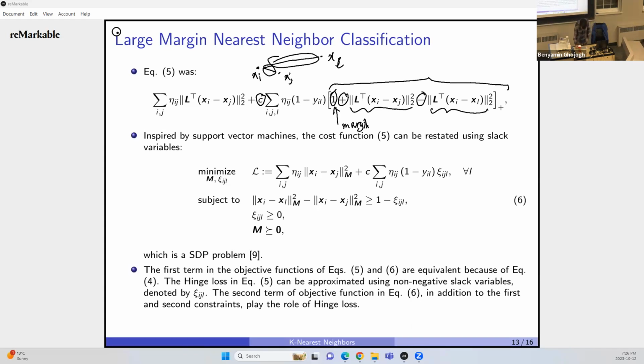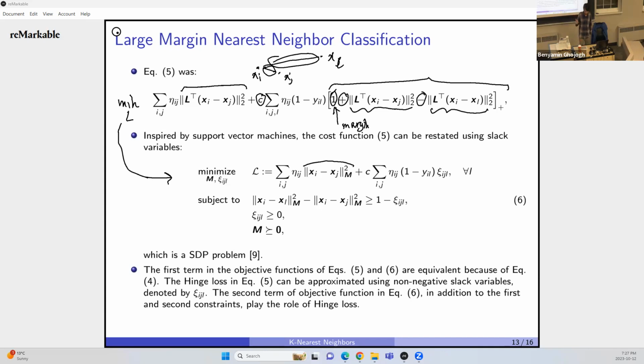Now, I'm minimizing these, okay? With respect to L or M, doesn't matter, because M is LL transpose, right? I can restate it as this optimization problem 6. Why are these 2 optimization problems equivalent? Can you tell me? So basically, this is exactly this, right?